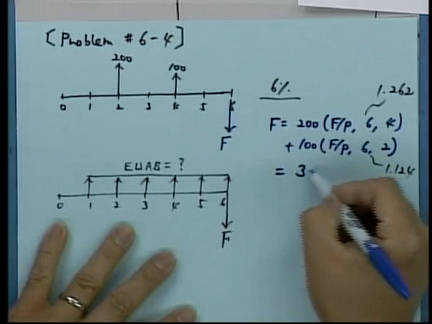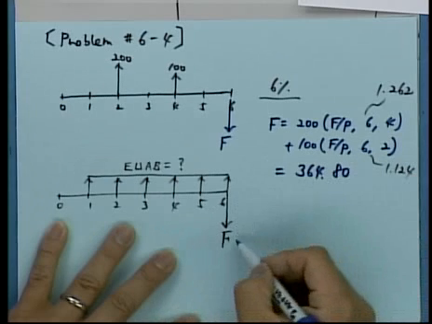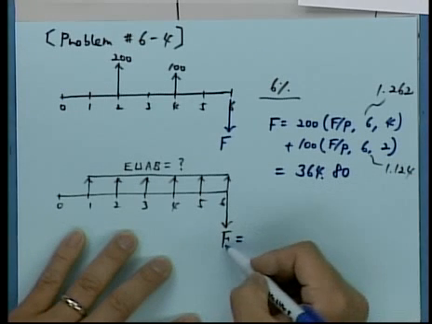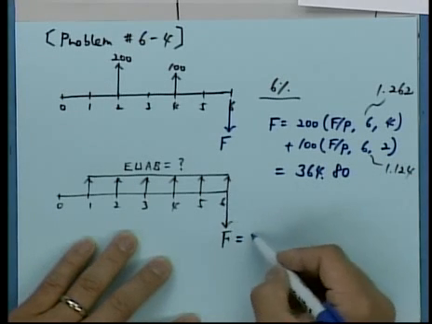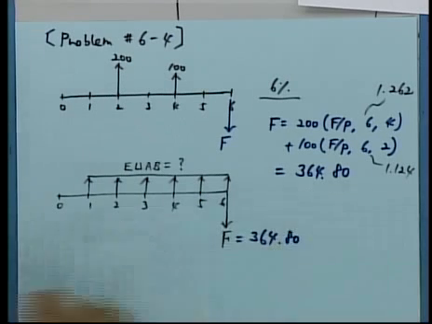This is going to be $364.80. So now we know the future sum of money at the end of period 6 is $364.80.